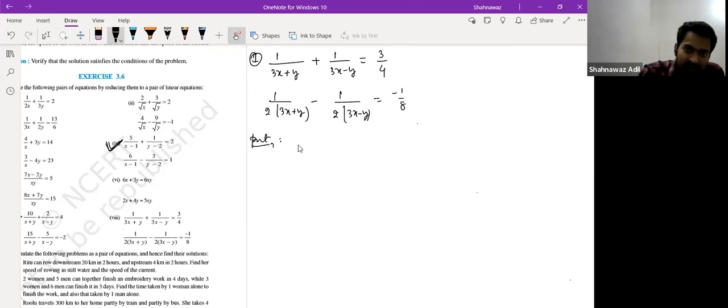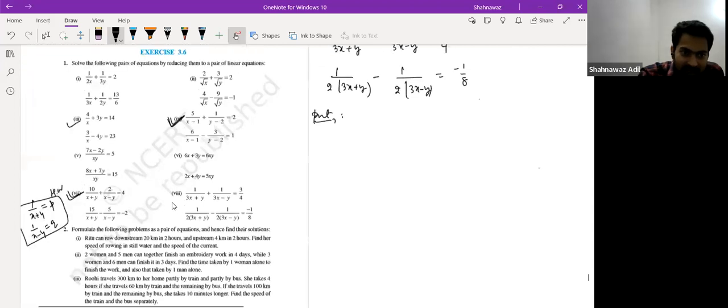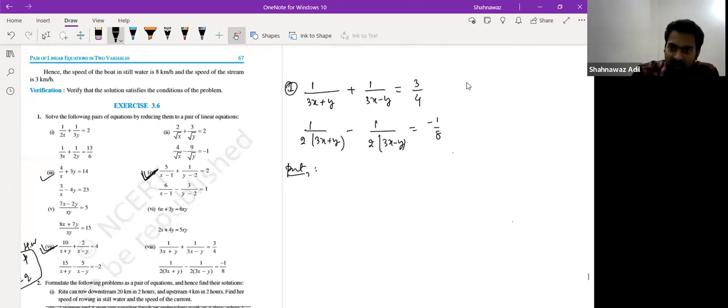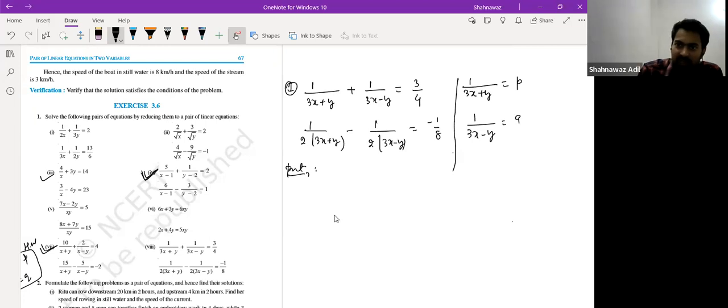So anyone can volunteer, right? So what should we take? We should take 1 by 3x plus y as p, right? And 1 by 3x minus y as q.